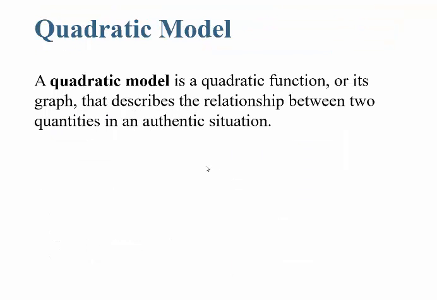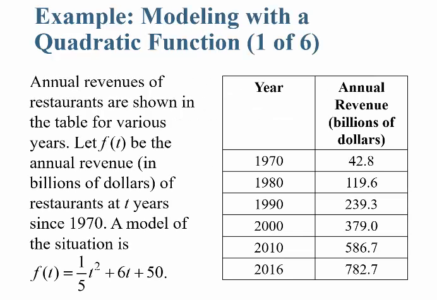All right, let's talk about a quadratic model now. A quadratic model is a quadratic function or its graph that describes the relationship between 2 quantities in an authentic situation. So here's an example. Annual revenues of restaurants are shown in the table for various years. Let f of t be the annual revenue in billions of dollars of restaurants at t years since 1970.